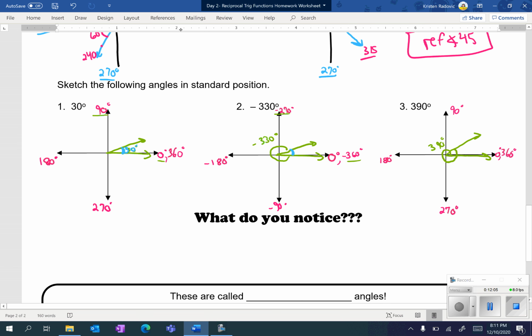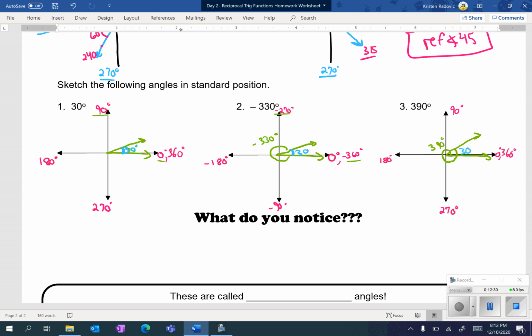This little measurement from negative 330 to 360 would be 30. And from 360 to 390, this spot is 30 degrees as well. So they end in the exact same position on your graphs. And that is called a coterminal angle.